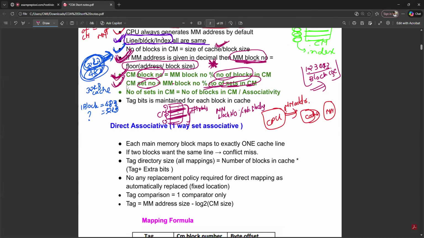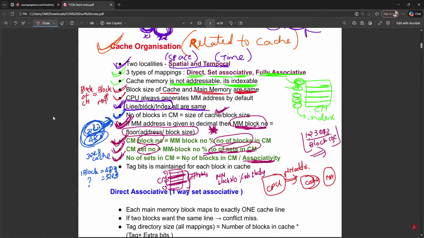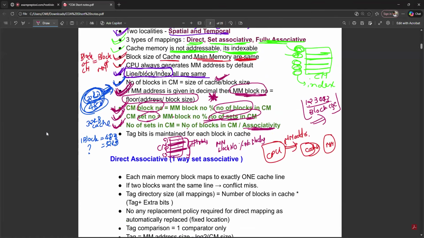Now the next point is the number of sets in the cache memory. What is the total number of sets in the cache memory? It is the number of blocks in the cache memory divided by associativity. You must know what associativity is.